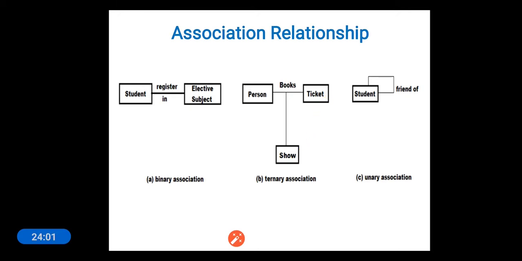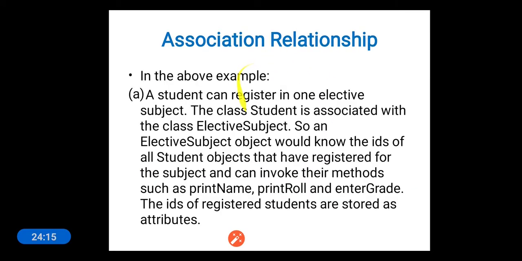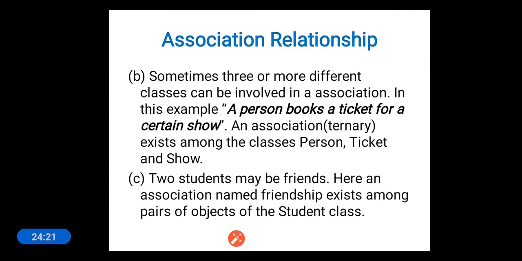So now a person has booked a ticket. In the ticket, the person related information will be there. For what he had booked? For a show. So in this manner, these three classes can be associated to each other. That means there is a ternary relationship between the person, ticket and show.